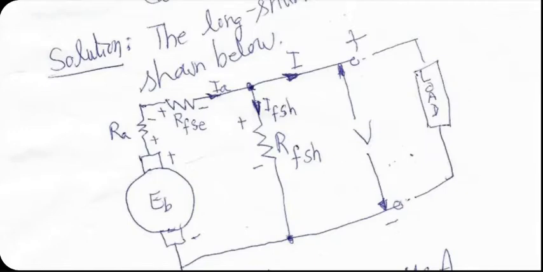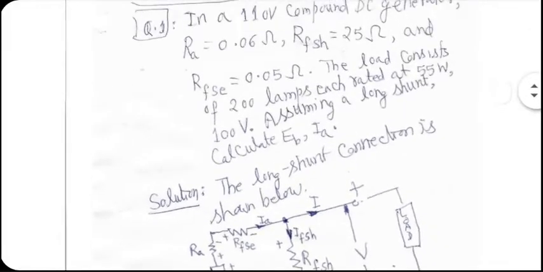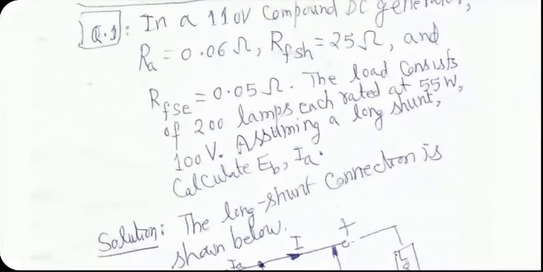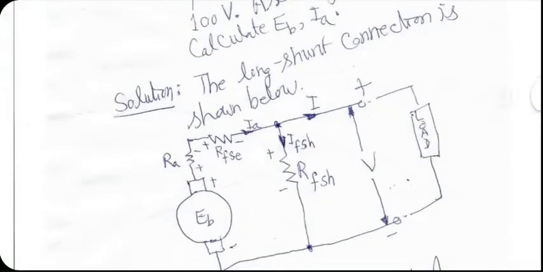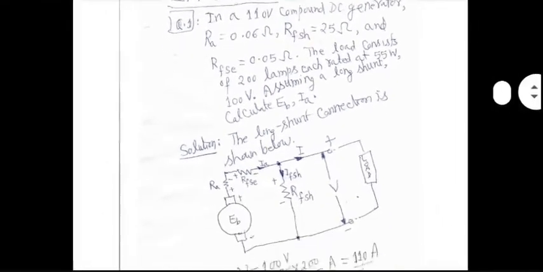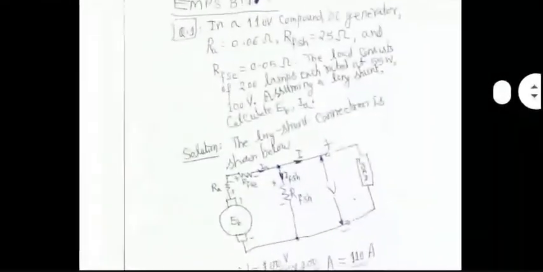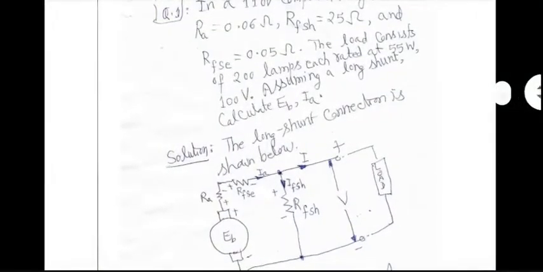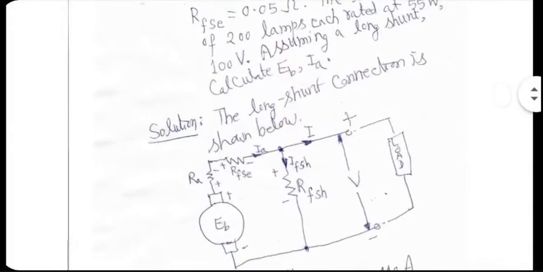You are putting RFSE in series with the armature and RFSH in parallel. But the location of RFSH is after RFSE. That is what is called a long shunt connection. If RFSE were later and RFSH were in the beginning, we would have called it short shunt connection. These are industry words. So take it from me that long shunt means RFSH comes later and RFSE comes first.